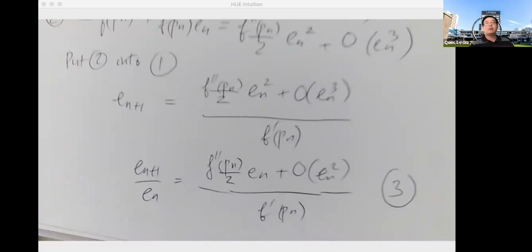So remember, we haven't used the fact that f prime p equals 0, right? So now, if you look at the way I use the Taylor expansion, so maybe going back a little bit, yeah. So this is a bit tricky, yeah.